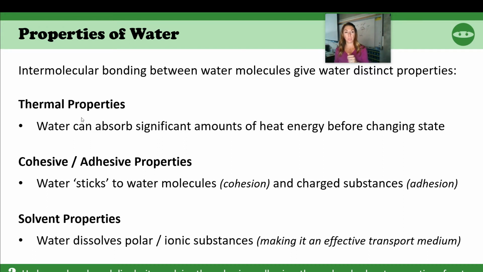So with my thermal properties, heat exchange, water can absorb a lot of heat before it changes state, right? So it takes a lot of heat to take water from a liquid to a gas, right? And so that allows it to hold heat and then release heat at a very slow rate. This is really important for regulating climates along the coast. I know this is not in here, but I'm bringing in my earth science stuff.